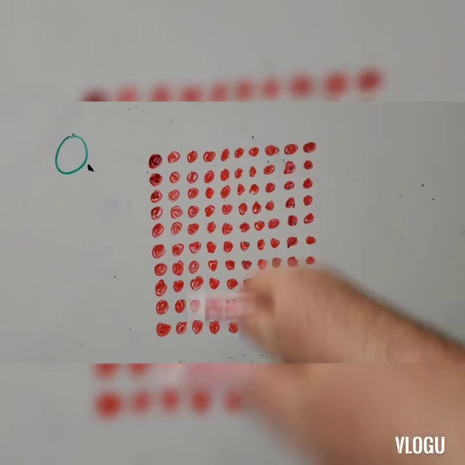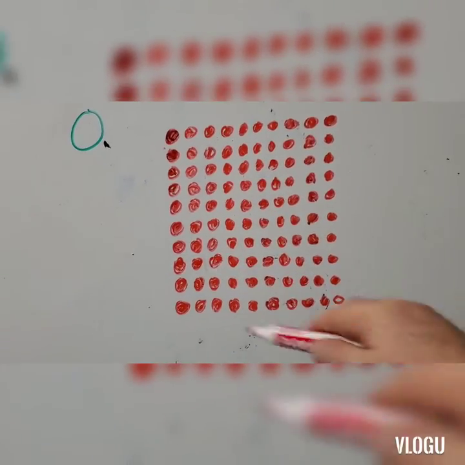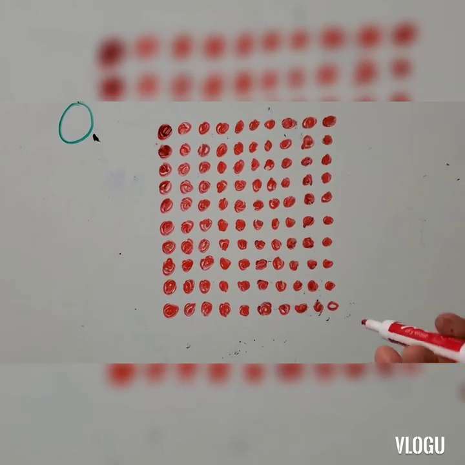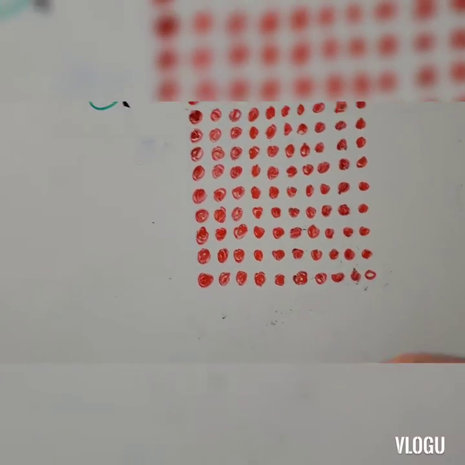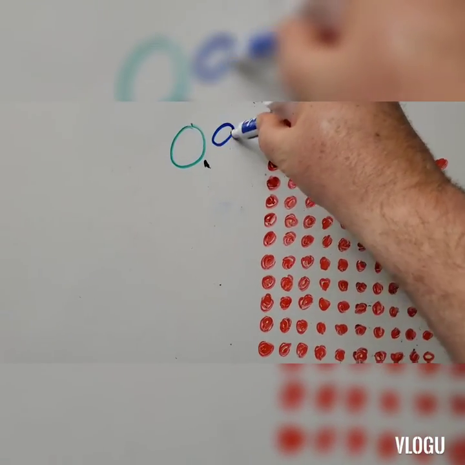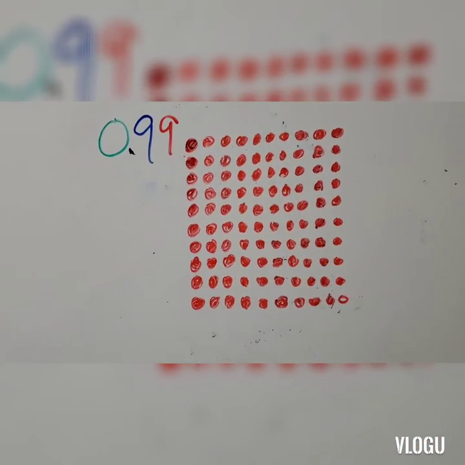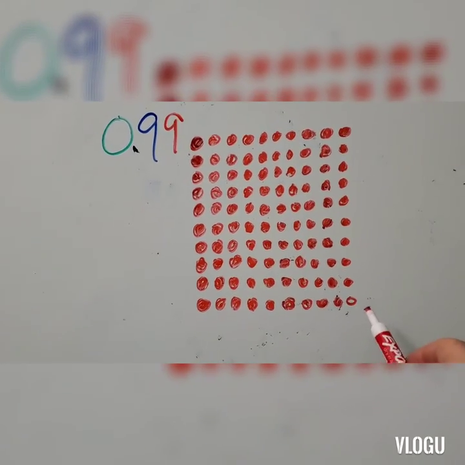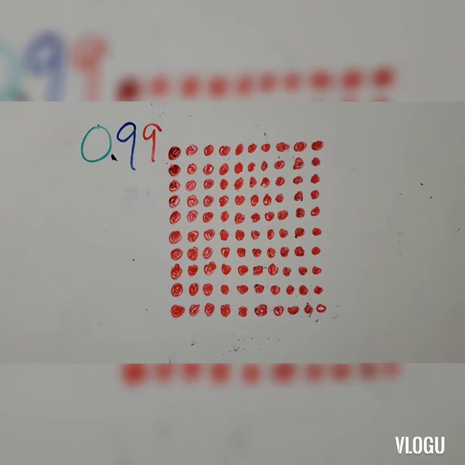In this one, everything is filled up except this. If there are 100 circles and 99 of them are filled up, then it would be 0 and 99 100ths. I am just one little tiny piece away from having a whole complete unit.